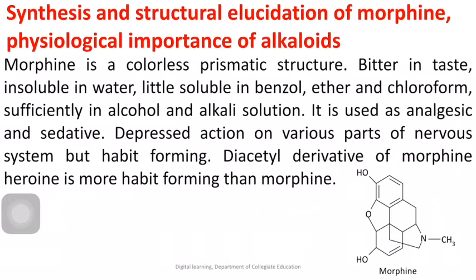It is bitter in taste, insoluble in water, and less soluble in organic solvents such as ether, chloroform, benzol, etc., but more soluble in alcohol and alkali solution. Morphine is used as an analgesic and sedative. It exerts depression on various parts of the nervous system and it is habit forming.